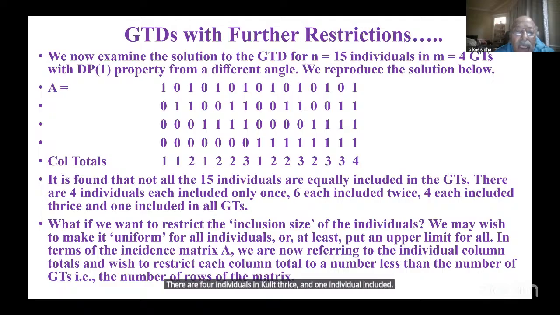What does that mean? There are 4 group tests, and in all the group tests, this individual has been involved. This individual had to give blood for each of the 4 group tests. That was too much to demand. What if we want to restrict the inclusion size of the individuals by a number like 2?